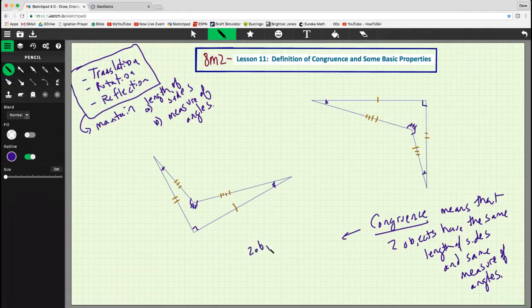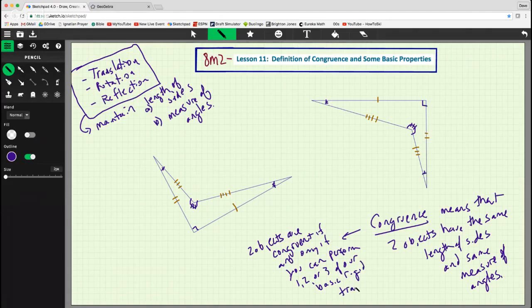Two objects are congruent if and only if you can perform one, two, or three of our basic rigid transformations on one object to map to the other object. Okay.